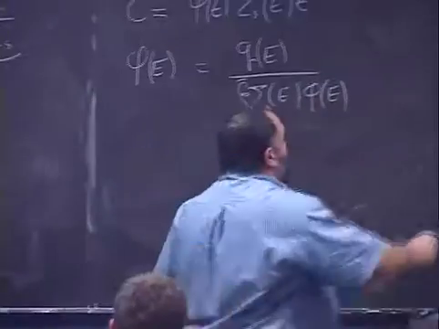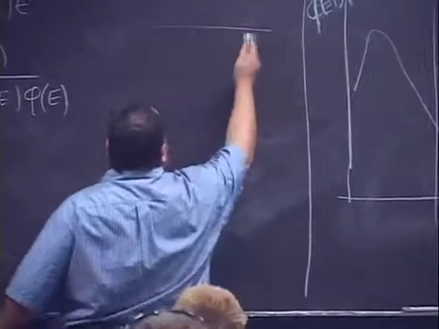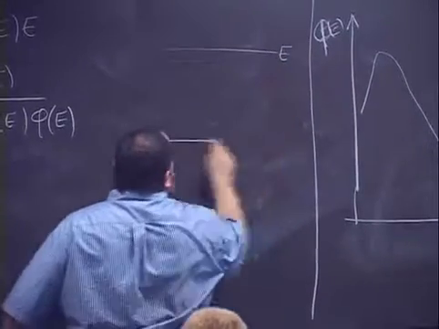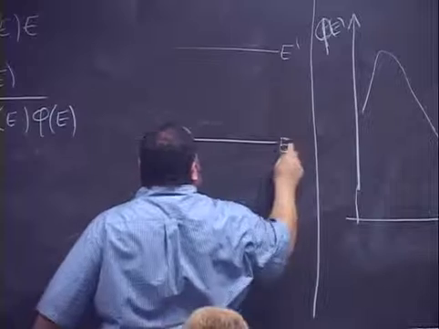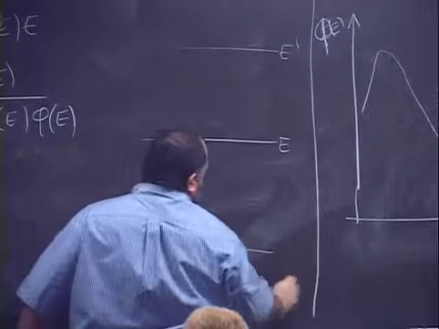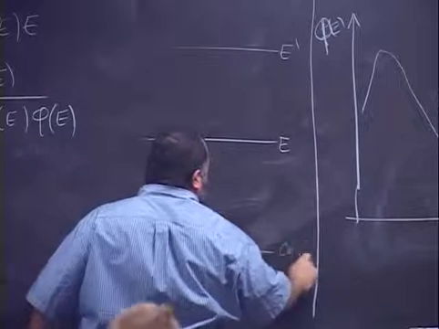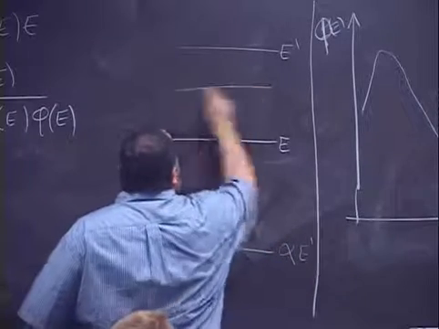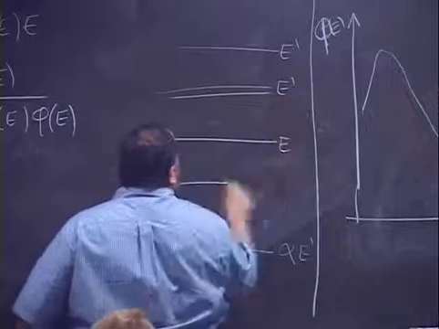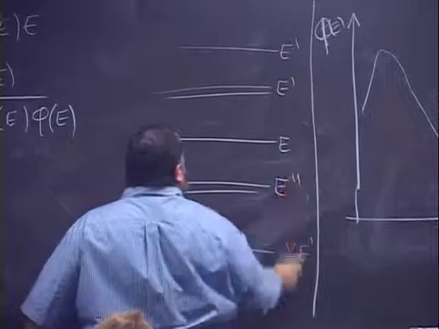So if you are slowing down from upper energy E prime, below this energy E, with alpha E prime here, this is E prime, this is E double prime again.